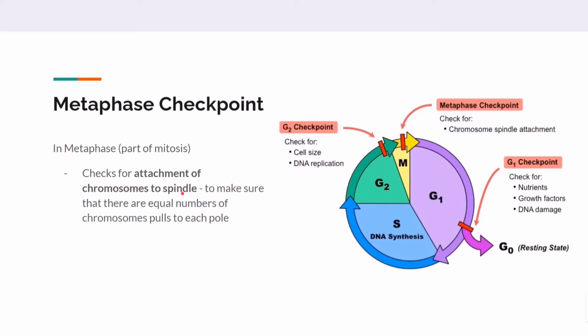This is to make sure that all of the spindle fibres have attached to the centromeres of all of our chromosomes, to make sure that equal numbers of chromosomes are pulled to each pole. Because if one spindle isn't attached to a chromosome, then that chromosome will not be able to be split. It will not be able to be pulled to the opposite poles, so there will be more or fewer chromosomes in one of the daughter cells, and this can cause mutations that we do not want.